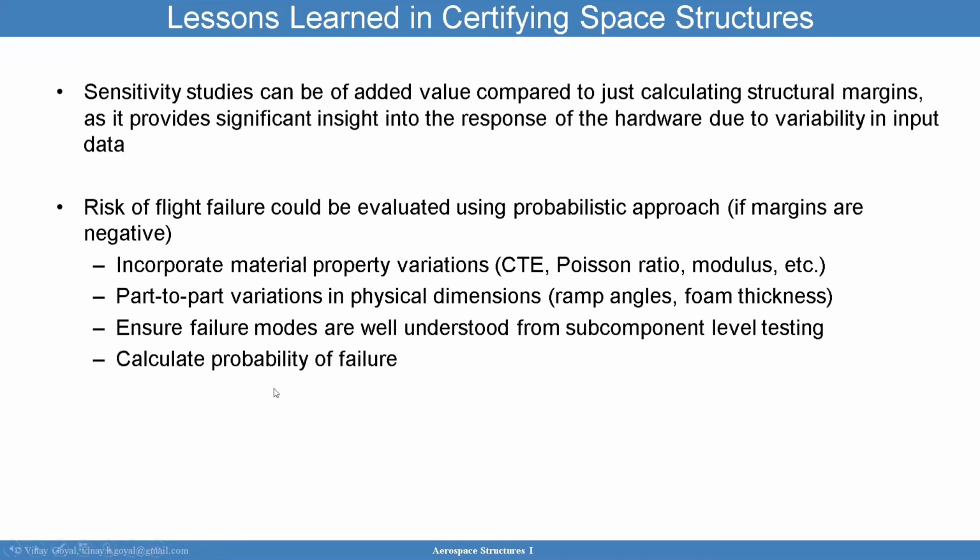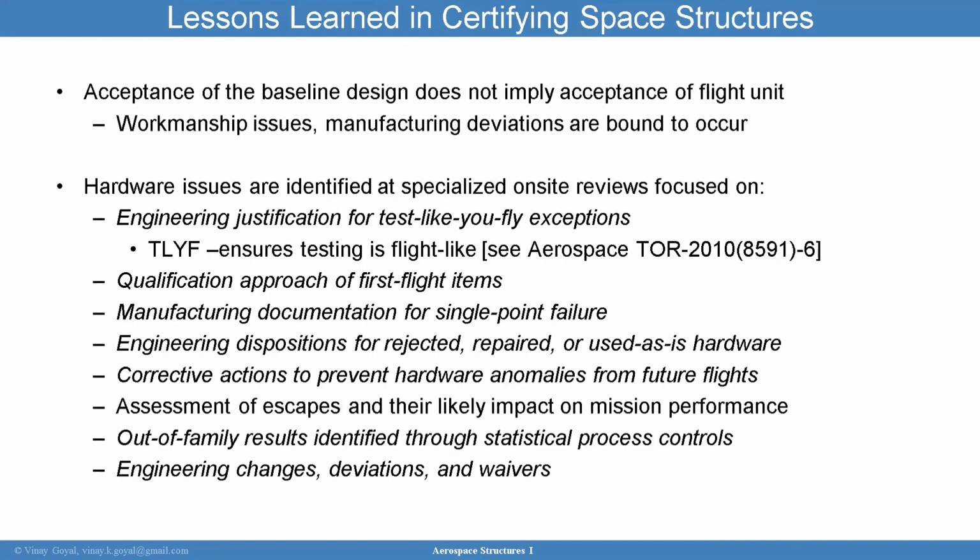But you need to have a good understanding of the failure mode. You have to understand how the properties vary, like the thickness of the different parts, the material variations of the different parts, having the correct distribution of the loads and the correct distribution of the strength. All that matters. Using all that information, you can then come up with a probabilistic calculation.